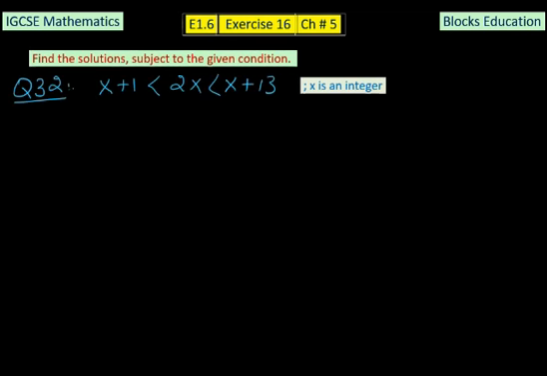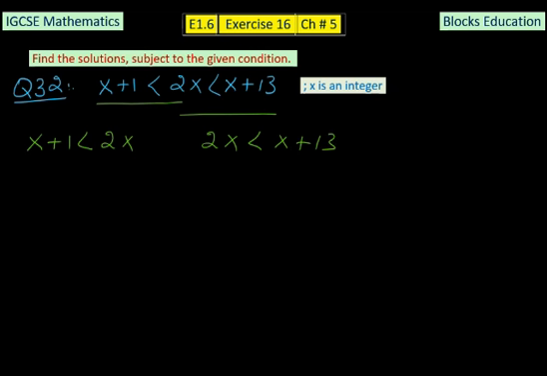In question number 32, it says x plus 1 less than 2x and 2x is less than x plus 13. To solve it, we have to make two inequalities out of these three parts. So it will be x plus 1 less than 2x, and the other will be 2x less than x plus 13.